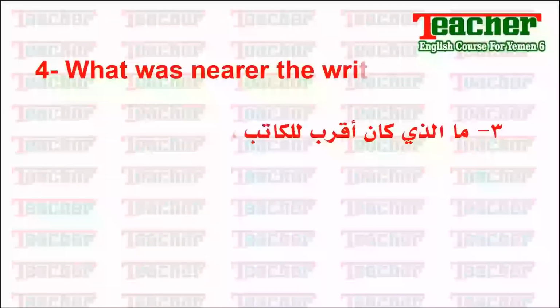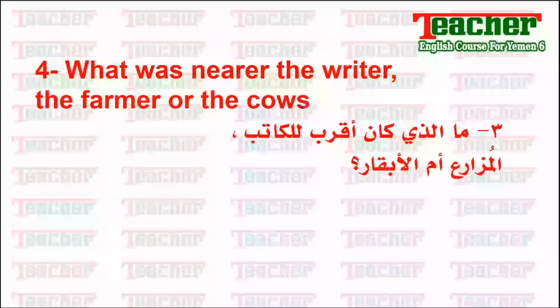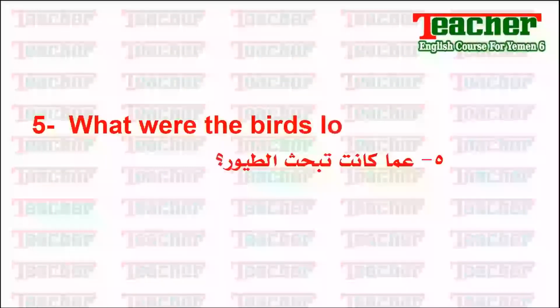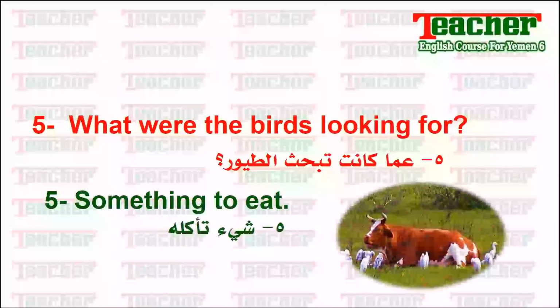4. What was nearer the writer, the farmer or the cows? The farmer. 5. What were the birds looking for? Something to eat. 6.